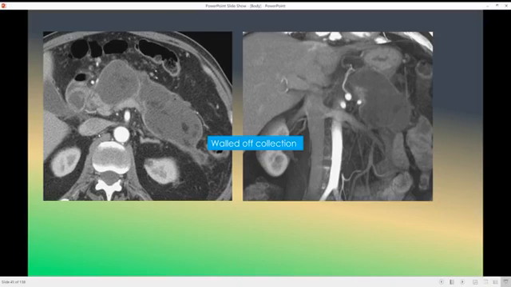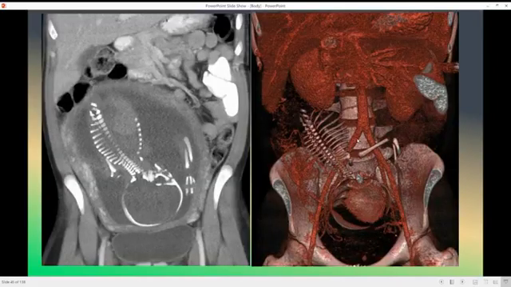This is according to the Atlanta classification 2012. This is necrotizing pancreatitis with walled-off collection. We move to the next case. What do you think about this next case?